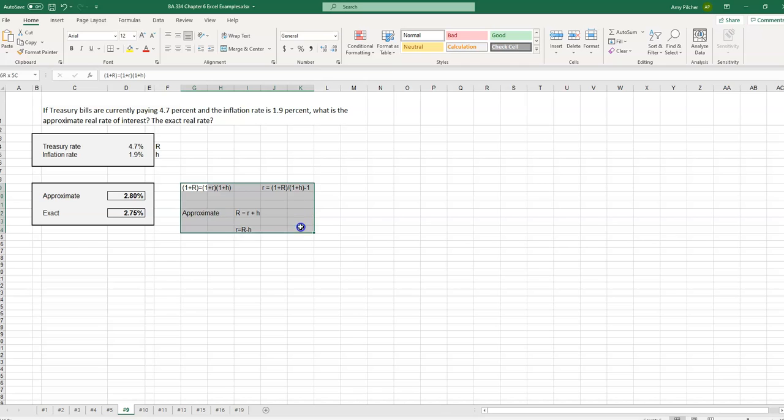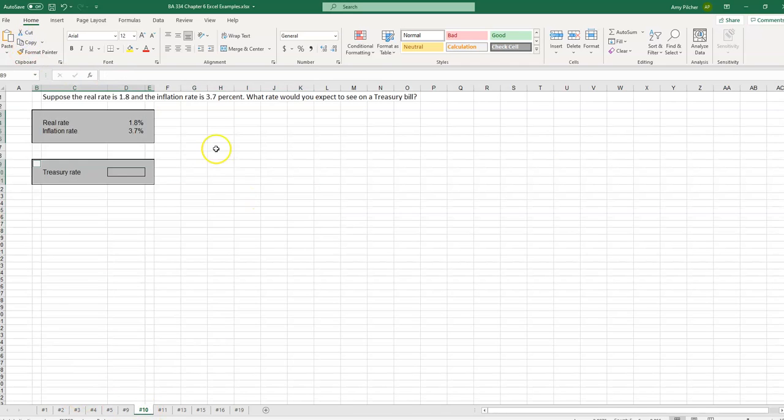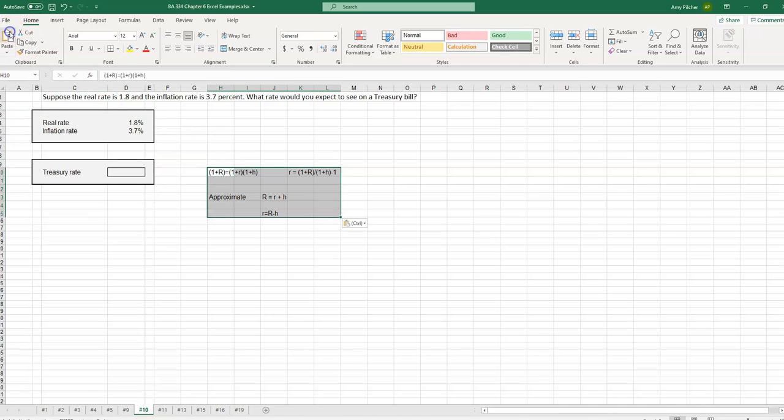I'm going to copy these into our next example, which also uses the same formulas, except we're going to rearrange them. So now we have the real rate and the inflation rate, and we're trying to get the treasury rate.